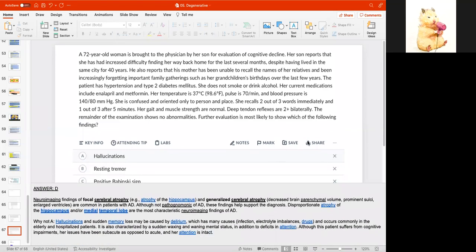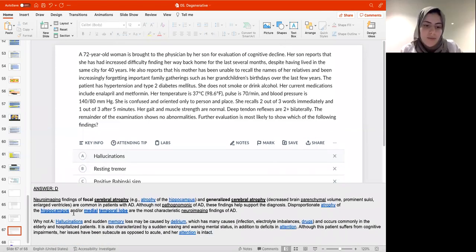And this is exactly explaining why. I even added why not A, because hallucinations and sudden memory loss are caused by delirium. Although this patient suffers from cognitive impairments, her issues have been subacute, they're not acute. And B isn't right because B is resting tremor, which means it's Parkinson. She doesn't really have signs of Parkinson.